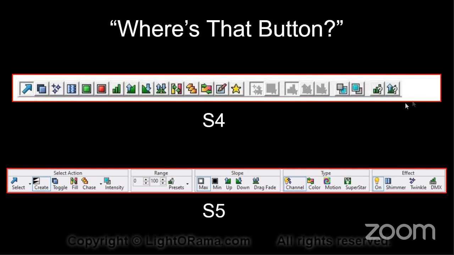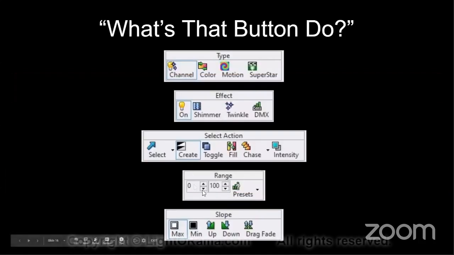And I believe there were 10 presets you could choose from for each of them. In S5, there is now a little range button where you set the range right here, and whatever effect you're using, it will take those ranges. So here's your minimum, here's your maximum. And you can go ahead and drop down this arrow to go to some presets, which again, I will show you once we go back into S5.